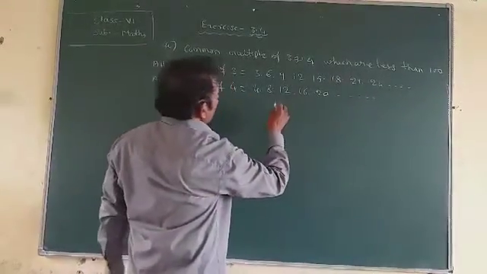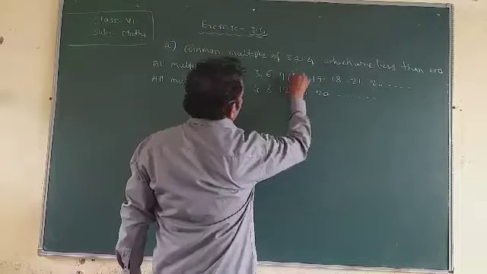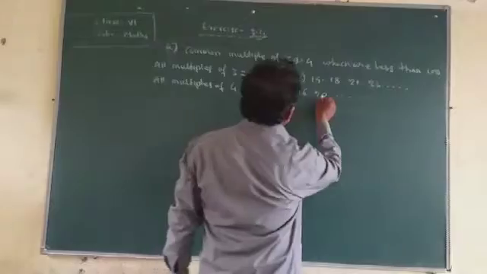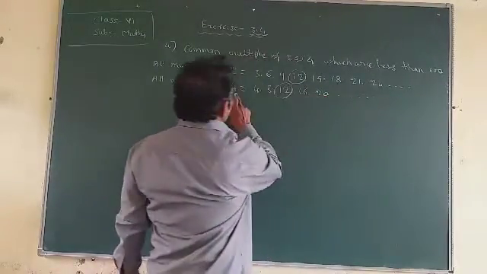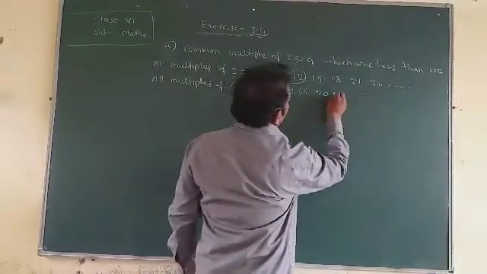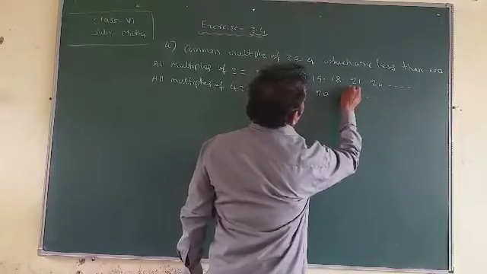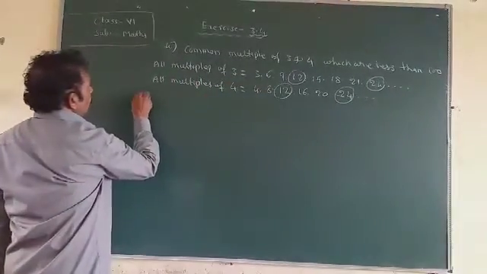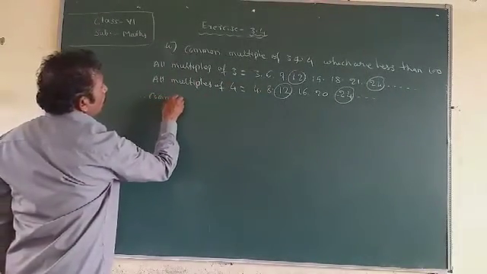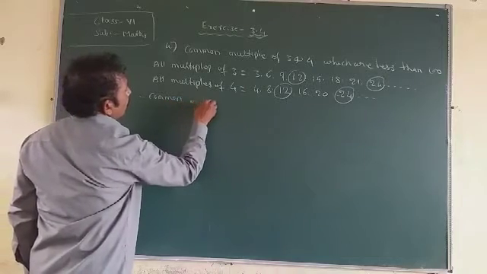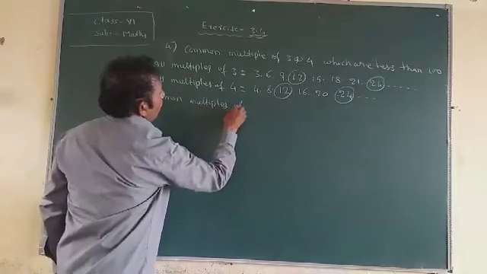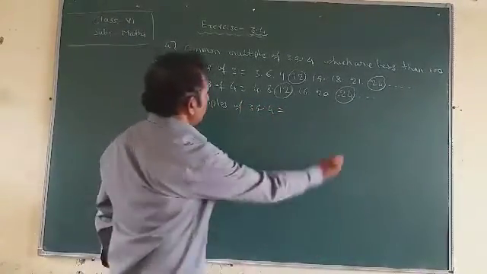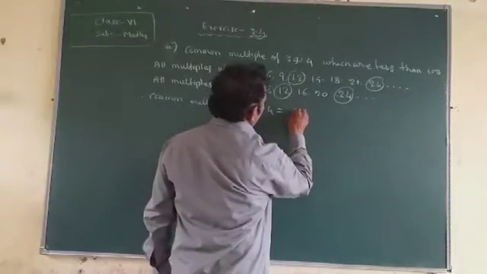So, the first common multiple is 12 and then 24. After 20 in the list of all the multiples of 4, it is 24. These are the common multiples. Therefore, common multiples of 3 and 4 is equal to, first number is 12.